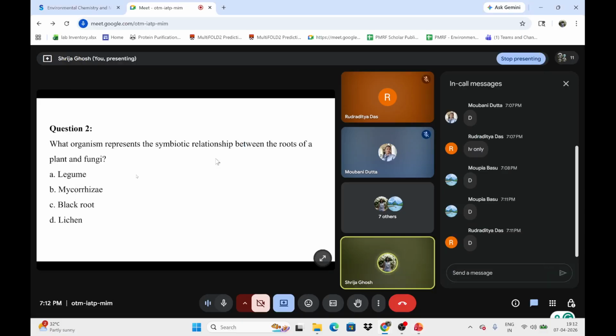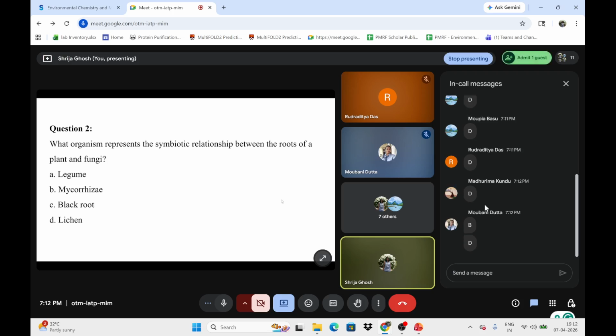Write your answers in the chat box, all of you. Again, I have only 3 answers in the chat box. 4 answers. Symbiotic relationship between plant and fungi.